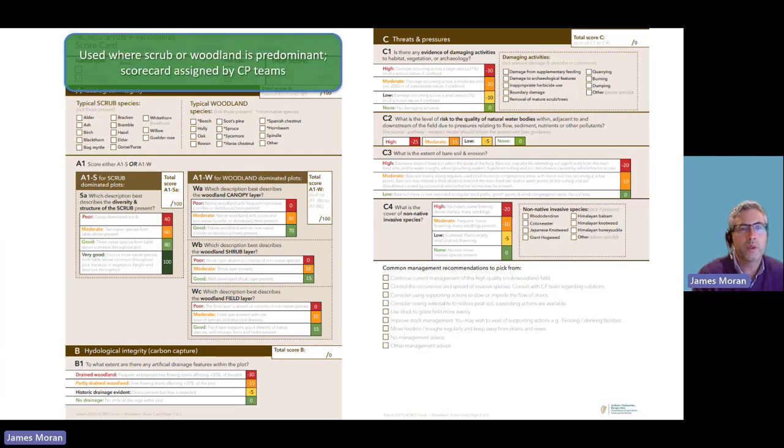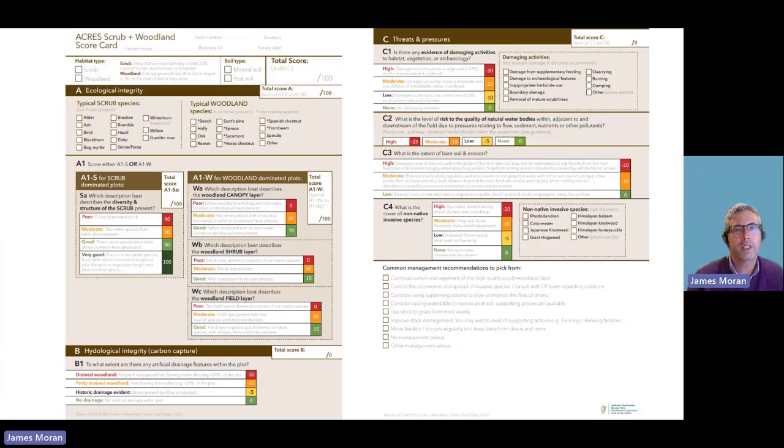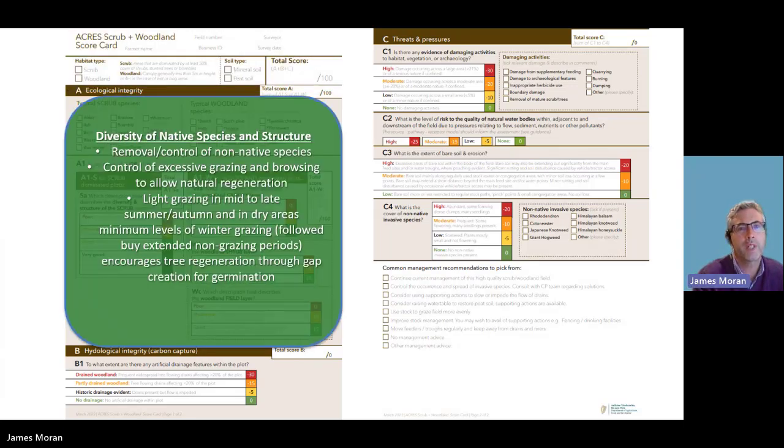The scrub and woodland scorecard is used where woodland or scrub is predominant, generally covering greater than 50% of the parcel. In many cases, the scorecard will be assigned by the CP teams in their digitising of their respective areas. And scores are gained as a result of the diversity of native species and structure.